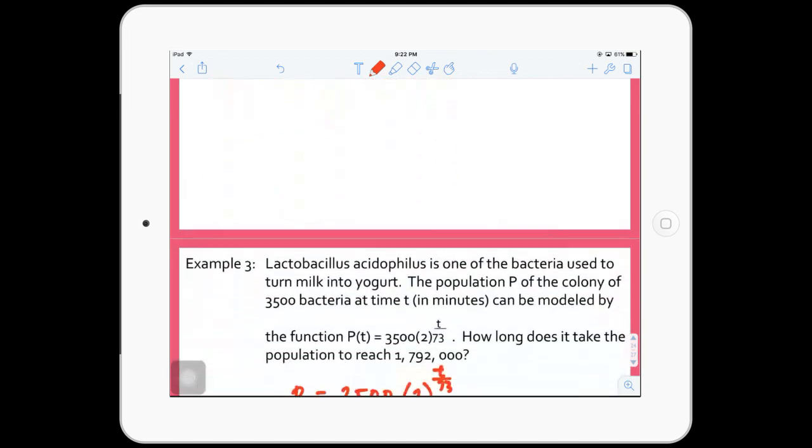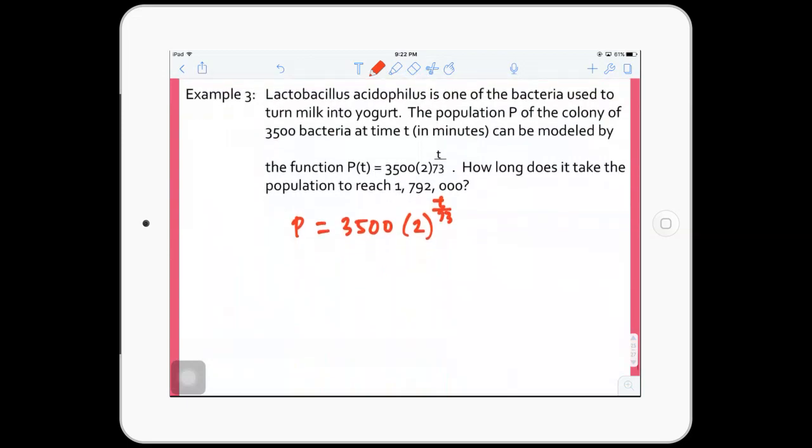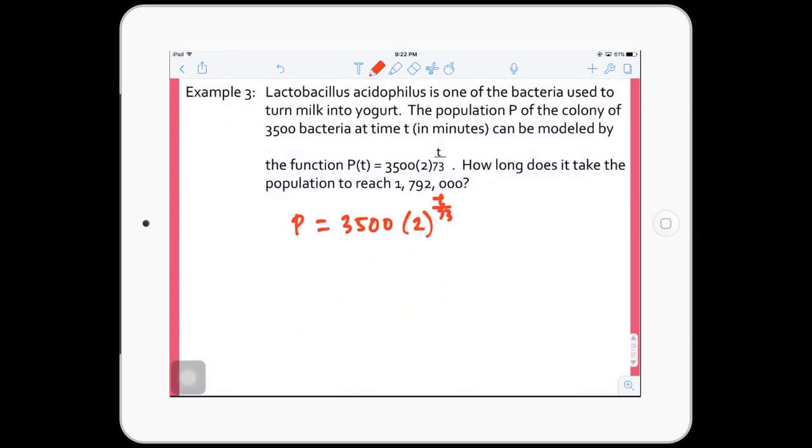Next, we're going to take a look at a couple of word problems because this is the last lesson in 15.1. Example 3. There is a type of bacteria that is used to turn milk into yogurt, and the population P of the colony of 3,500 bacteria at a time can be modeled by this function right here, which I've already written on the bottom.